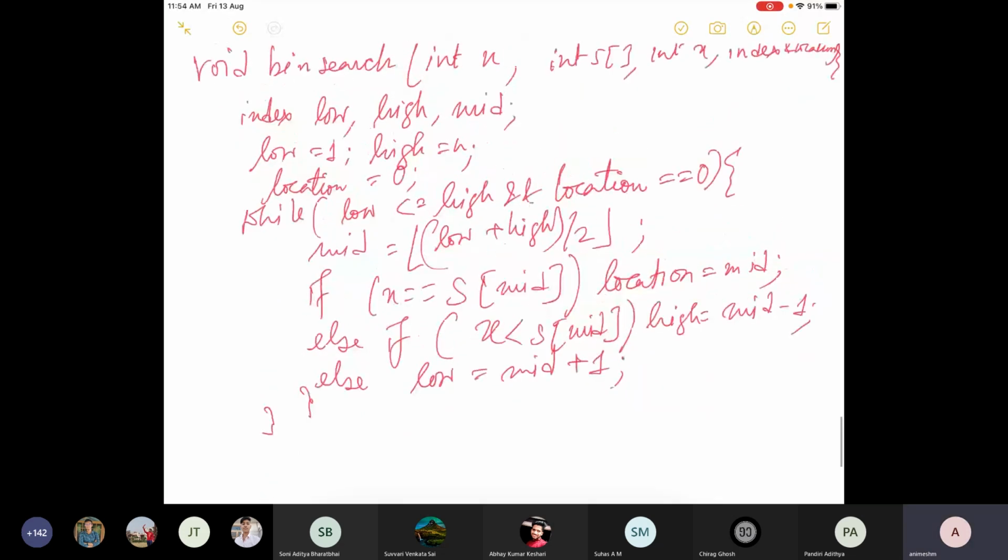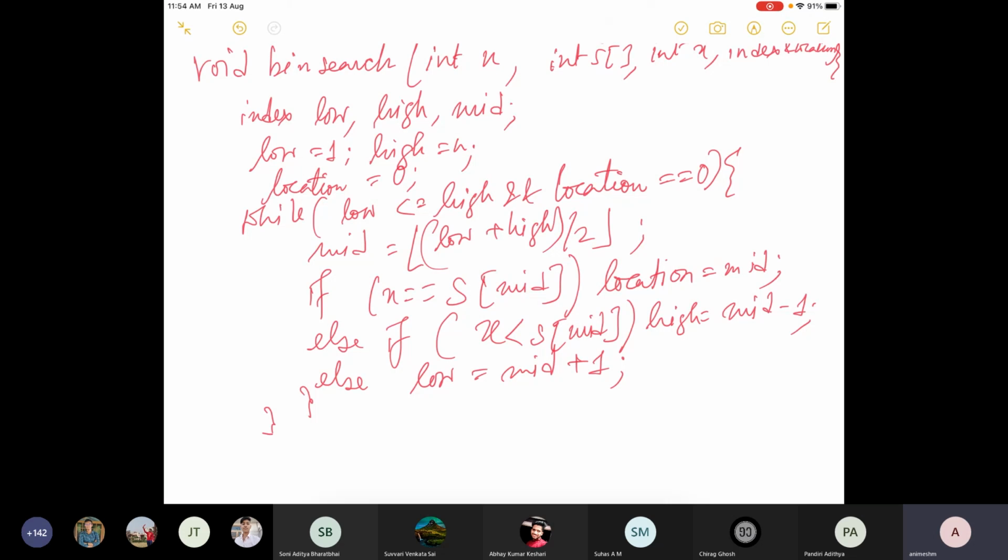Okay, so this is how you go about doing a binary search. I guess you all well remember what is happening. You go to the middle of the array and then you ascertain whether the key is on the left hand side of the array or on the right hand side of the array. Accordingly, you discard one of the parts of the array and you continue searching on the other part.